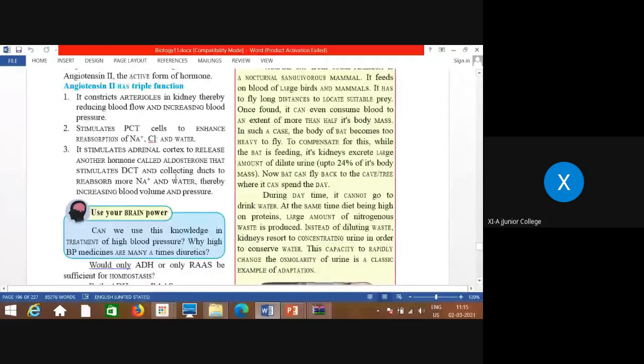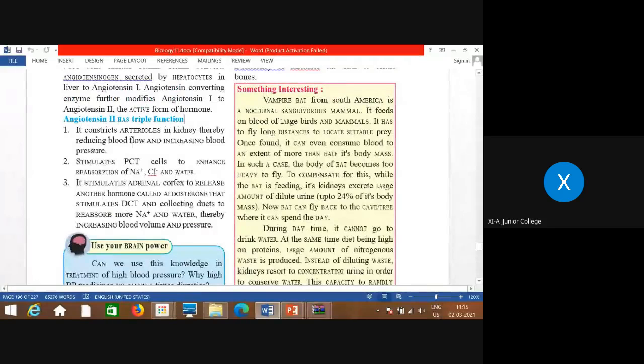Then the third function of angiotensin 2 is what? It stimulates the adrenal cortex to release another hormone called aldosterone that stimulates DCT and CT to reabsorb more Na and water, thereby increasing blood volume and pressure.